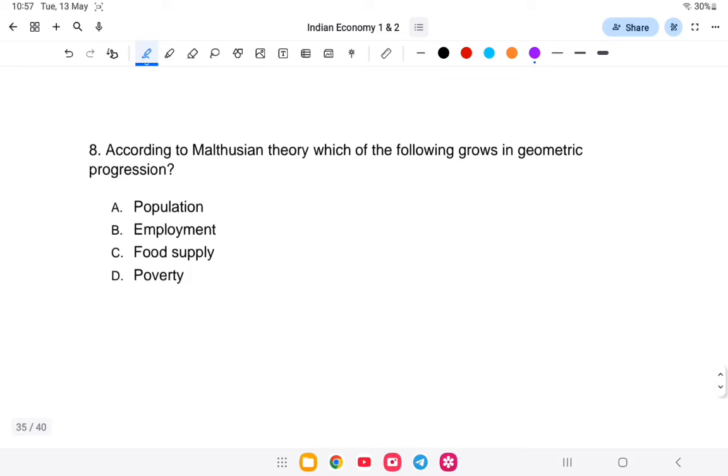According to Malthusian theory, which of the following grows in geometric progression? Geometric progression means growing at an exponential rate. Is it population, employment, food supply or poverty? Thomas Robert Malthus's theory analyzes two factors, population and food supply.